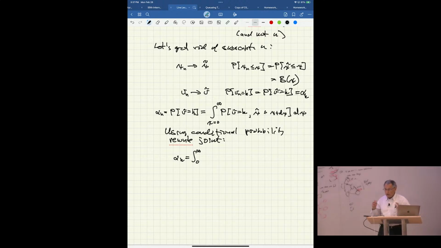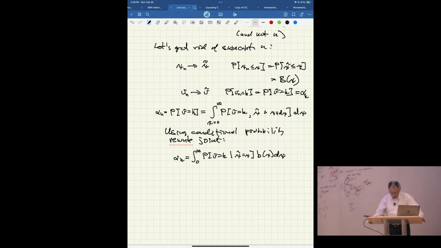If I write a joint of A and B, it equals A given B times the probability of B. So this is the probability V equals k given a particular value for X, and the condition is that X tilde equals x, which is b of x dx.